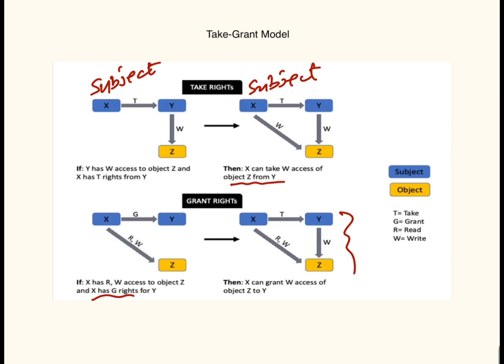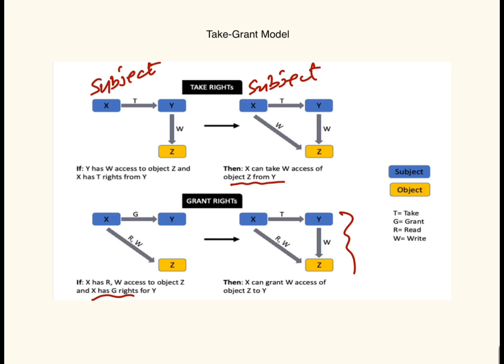As we learned in a previous session, there is the Graham-Denning model. The Take-Grant model and the Graham-Denning model sound similar. But the Take-Grant model is a security analysis model used to analyze and predict how access rights can propagate in a system.